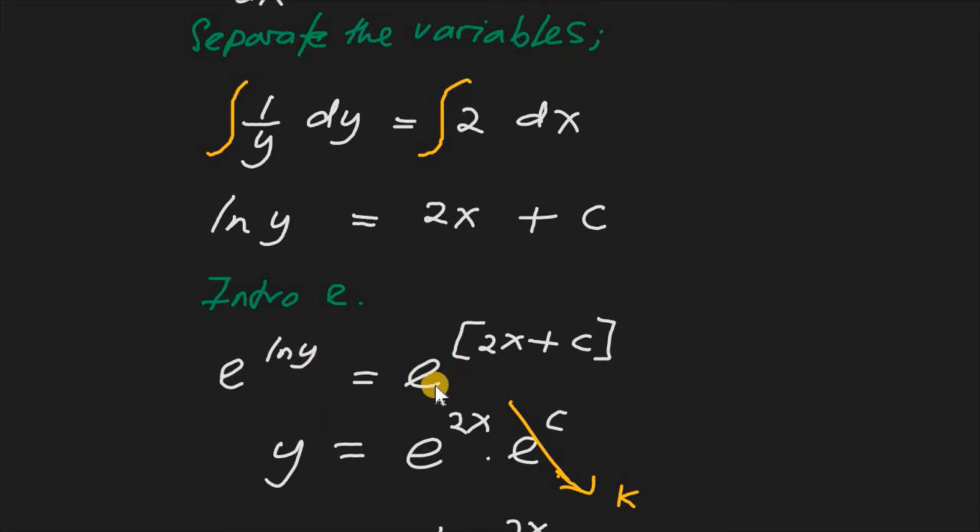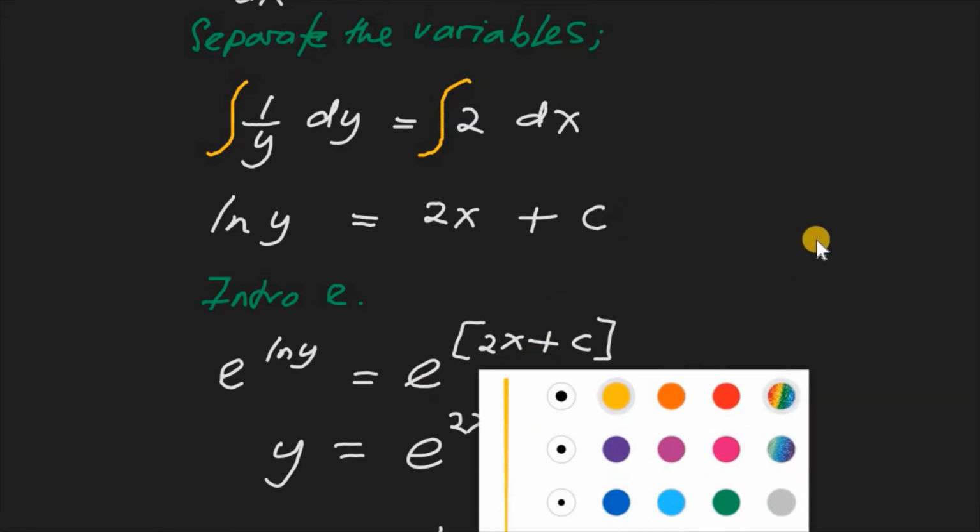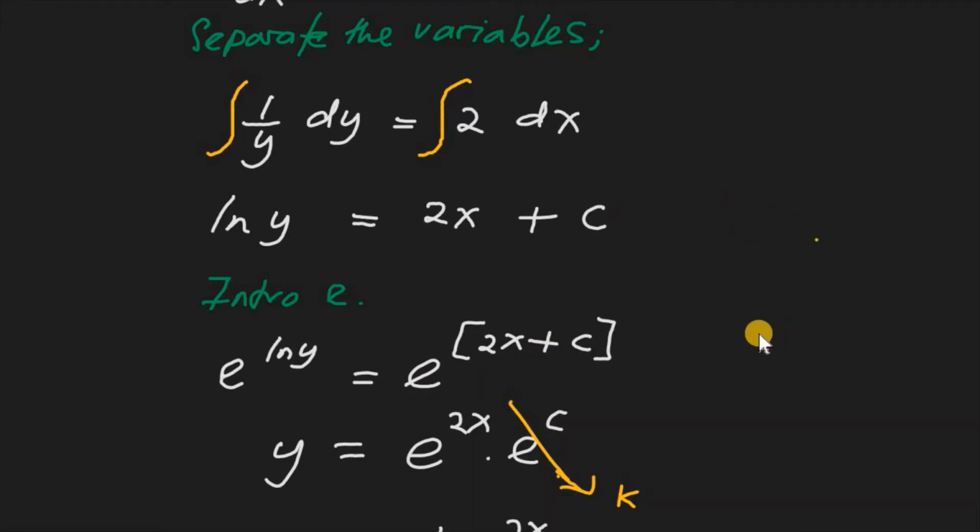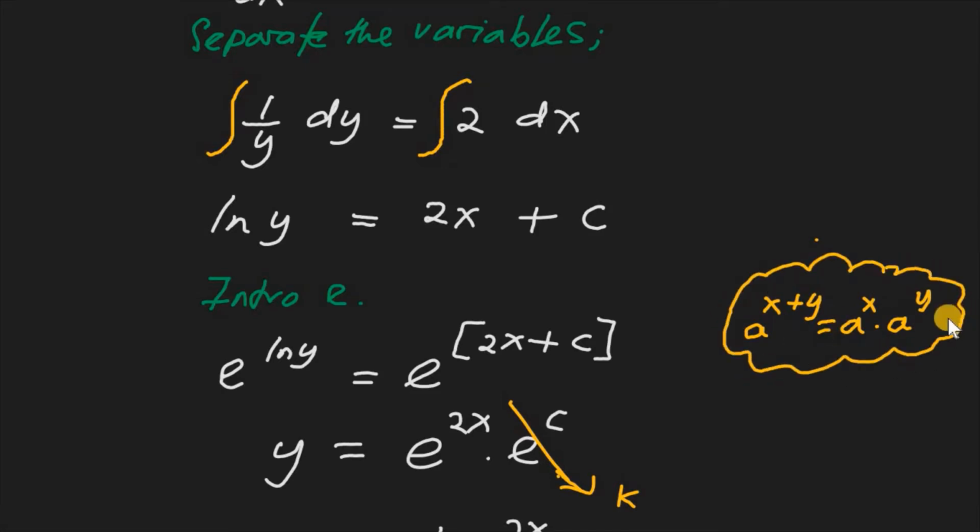As for this side, it becomes e power of this expression, and using the law of exponent from before, if we have, let's say, a power x plus y, it is actually a power x multiplied by a power y. This was our law of exponent from our high school work, right? So we can change it into multiplication.